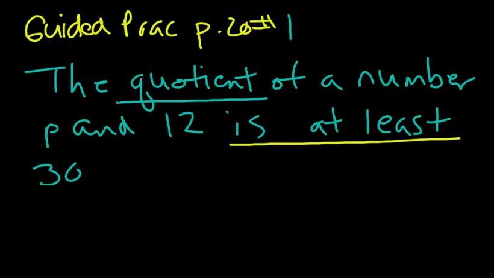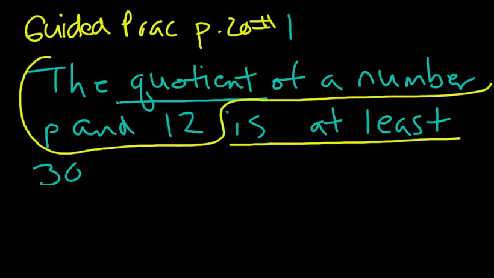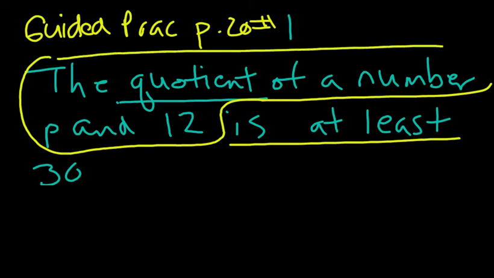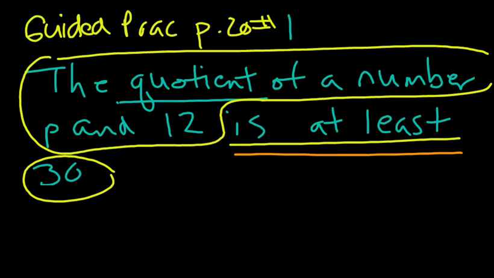So this whole part is one side, and there's a quotient involved. And this whole part is on the other side of the sign. And right here, this is going to be the sign. That's going to be an inequality sign because is at least goes with inequalities. Plain old is means equal.